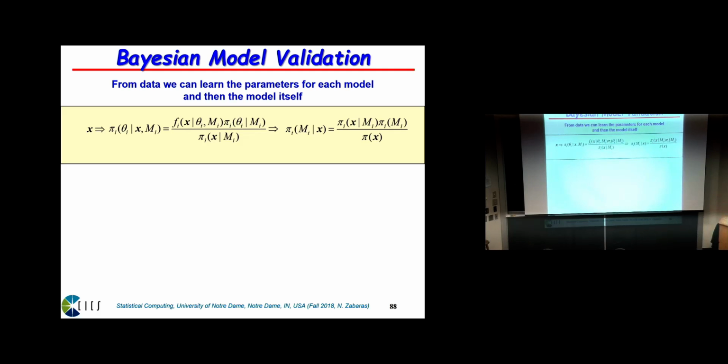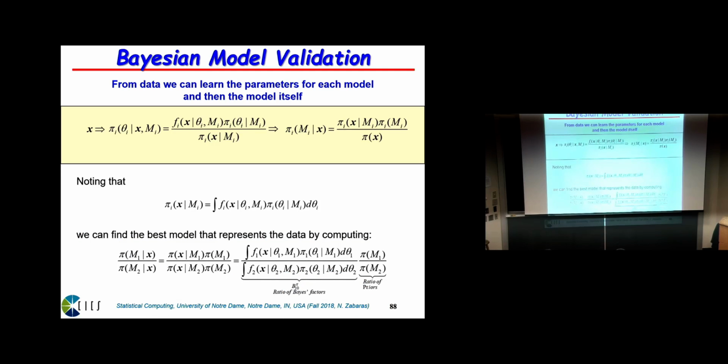If you have 100 models and you try to do this calculation, it's very expensive. Nobody's going to do this in practice. But what people do is compare 2 models. If you give me 2 models, I can take the ratio of the posteriors, and I can write this as the ratio of the likelihoods times the ratio of the priors.